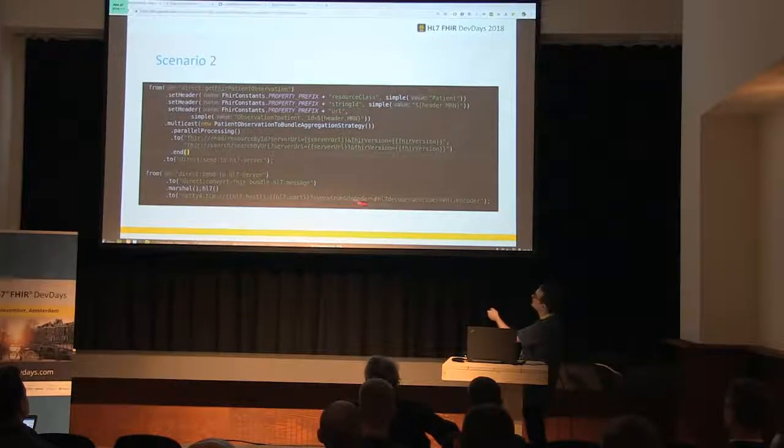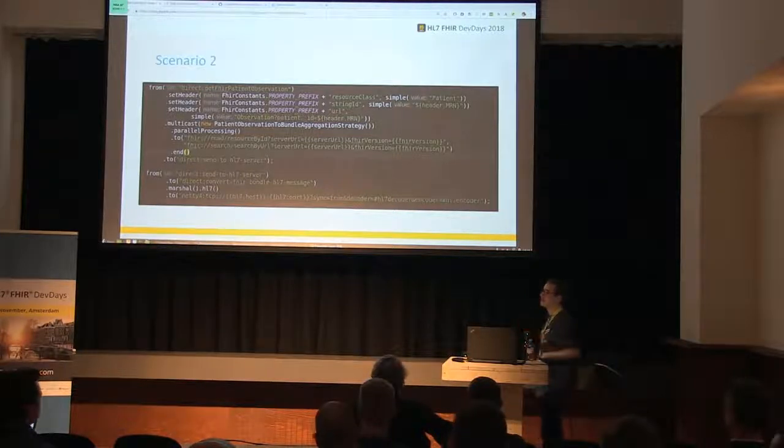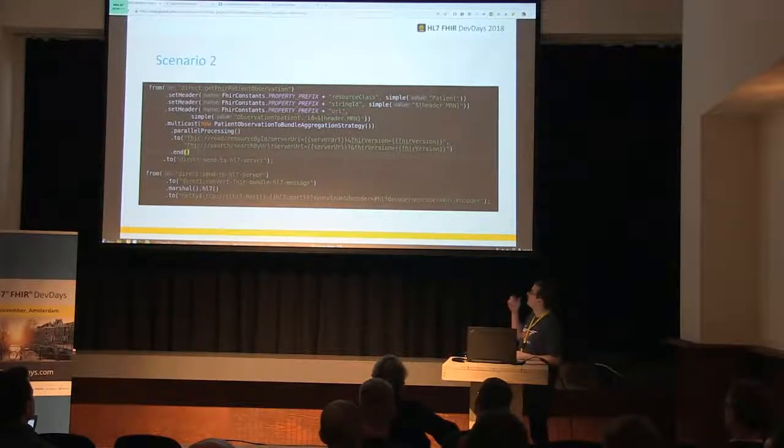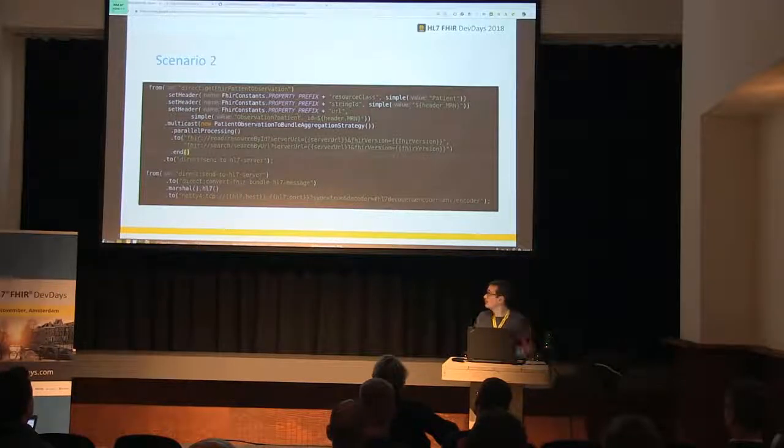And here we're using our HL7 decoder and encoder that we provide in Apache Camel. If those don't suit your needs, you can put your own in there. And then it's going to return the response, right? And then so we're done with our second scenario.